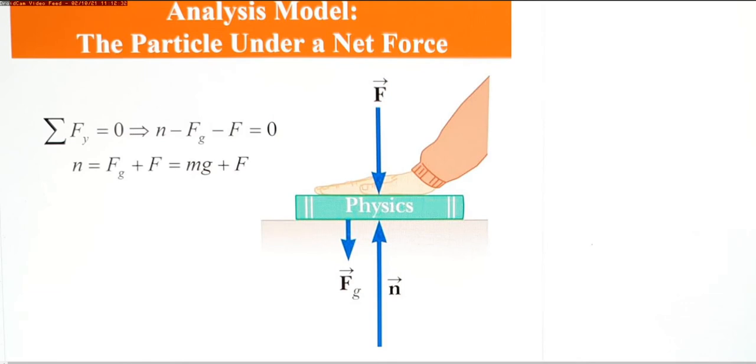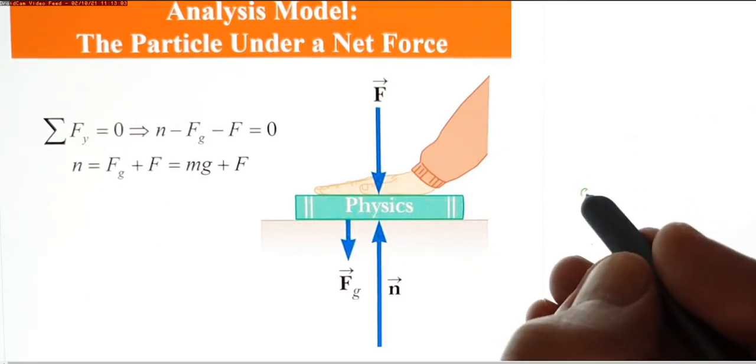Okay, suppose that we have a problem, and in that problem we don't have only the book, but we apply some pressure on the book. So we apply some external force on the book. So how can we solve these kinds of problems?